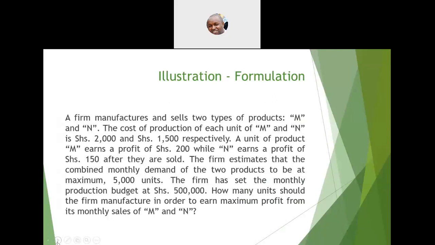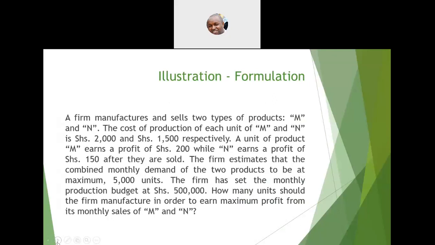A unit of M earns a profit of shillings 500, while N earns a profit of shillings 150 after they are sold. The firm estimates that the combined monthly demand of the two products to be a maximum of 5,000 units.